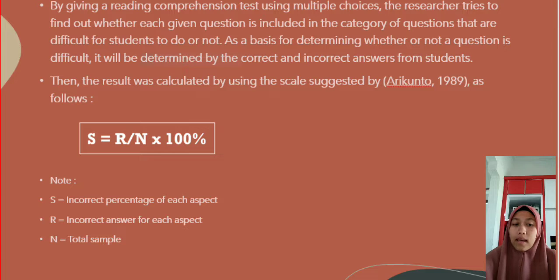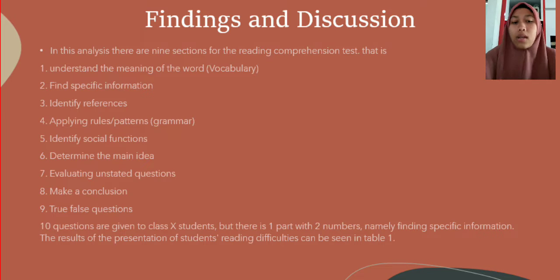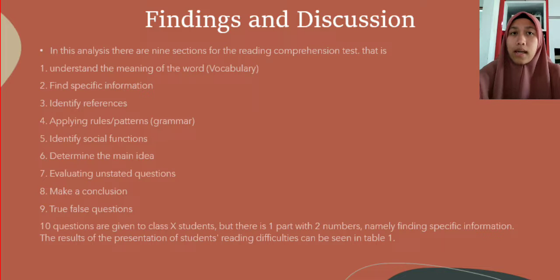And the next is findings and discussions. In this analysis, there are 9 sections for the reading comprehension test. That is, number 1 is understanding the meaning of word vocabulary. Number 2 is finding specific information. Number 3 is identifying references. Number 4 is applying rules or patterns, grammar. Number 5 is identifying social functions.